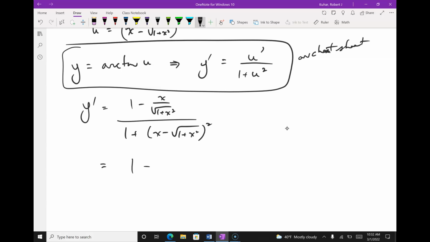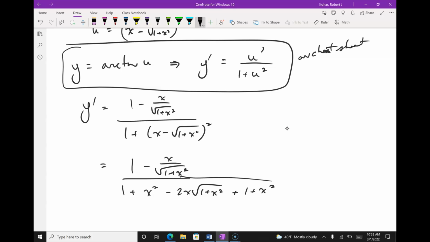So upstairs I'm going to keep. And downstairs I'm going to FOIL, right? I'm going to get an x squared. I'm going to get a minus 2x square root of 1 plus x squared. And I'm going to get a plus 1 plus x squared. Make sure you see that. Oh, sorry. That should all be negative, right? Yes.